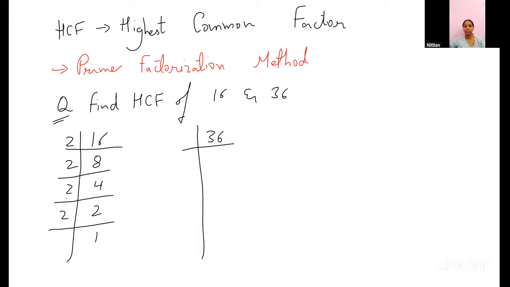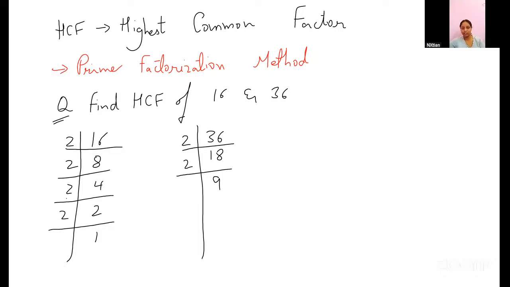Then 36: it is an even number, so we can start with 2. 2 18s are 36, then 2 9s are 18.